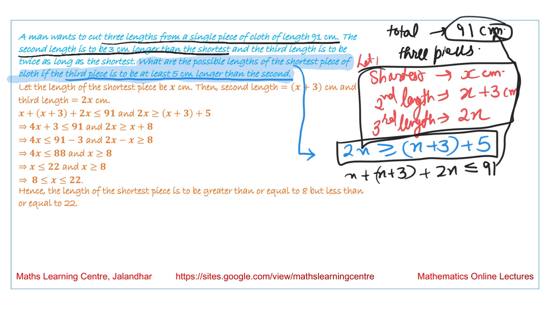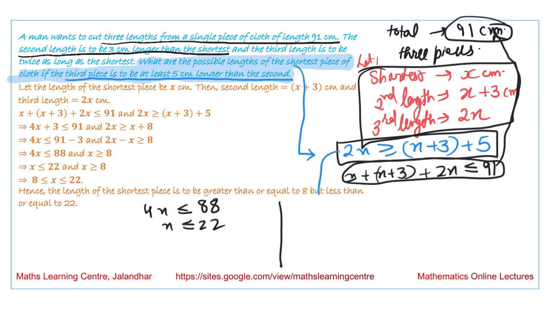So we now have two inequalities. The first gives us 4x is less than or equal to 88. So this implies x is less than or equal to 22. And the other inequality gives us that 2x is greater than or equal to x plus 8.